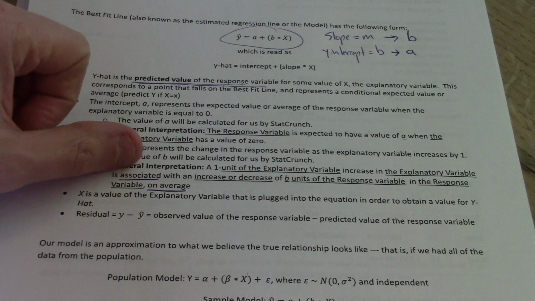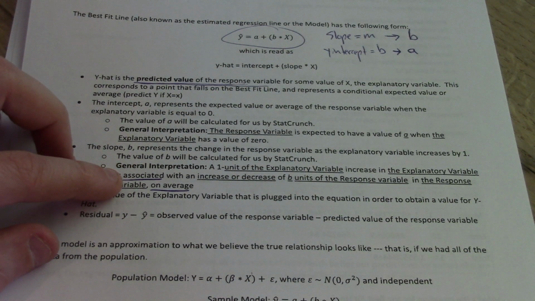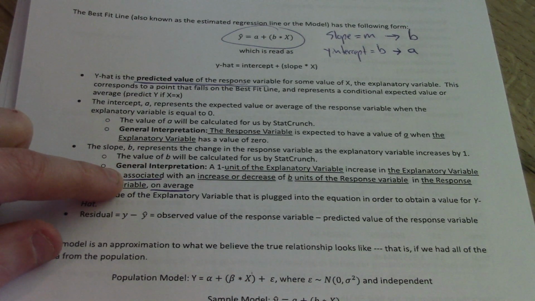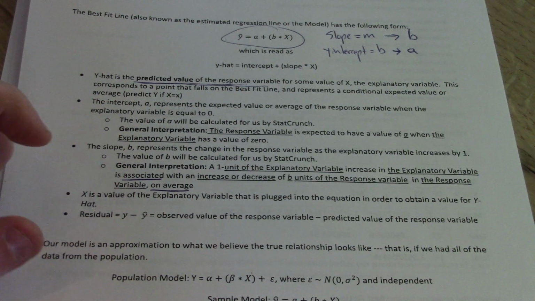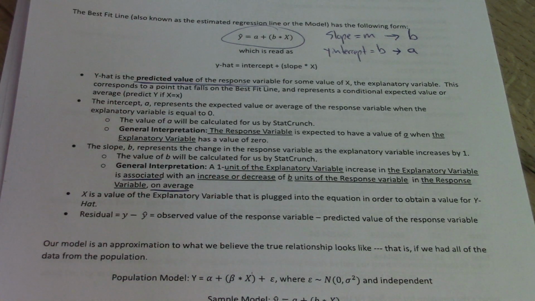The associated aspect is because we don't want to say something like, for example, as a used Toyota Corolla gets 1 year older, its price will go down by $1,000. We can't say that because that sounds causal.